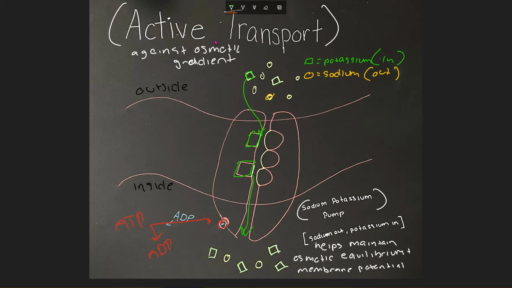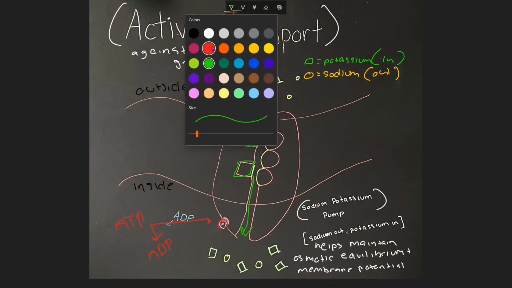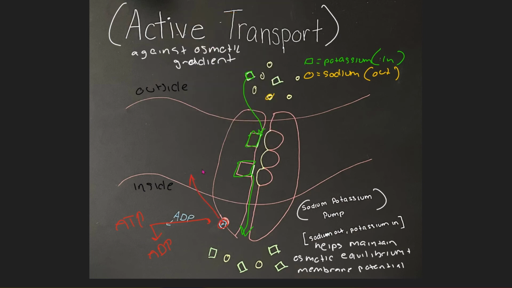When this is done, and the phosphate has finished its job, it will leave, returning this active transport to its original shape. And the phosphate will meet the ADP in the mitochondria, and it will form a new ATP.